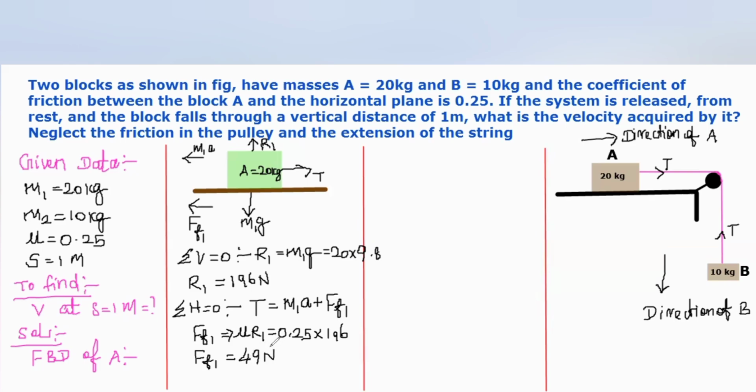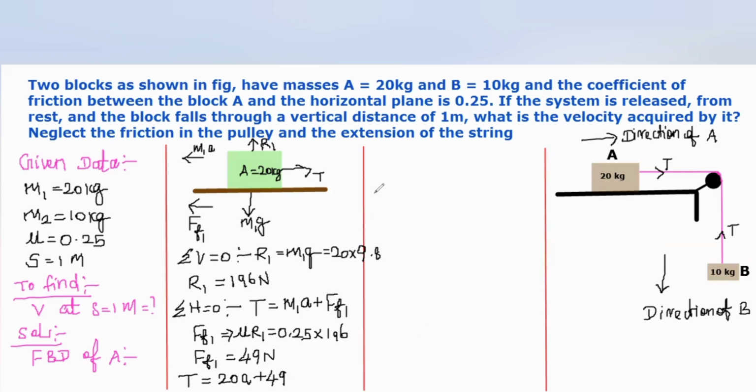49 Newton. So if you substitute the 49 Newton here, and then we have the value of M1 that equals 20 kg. So this we can write as tension T equals M1, that is 20 kg, multiplied with the acceleration, that is also the unknown, plus 49.